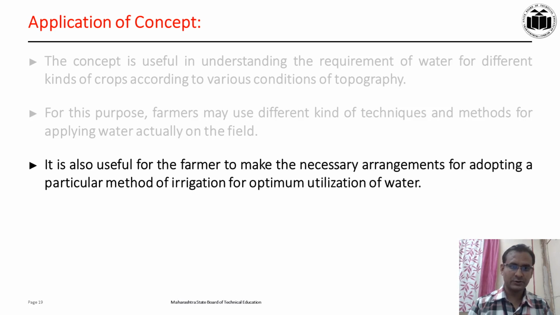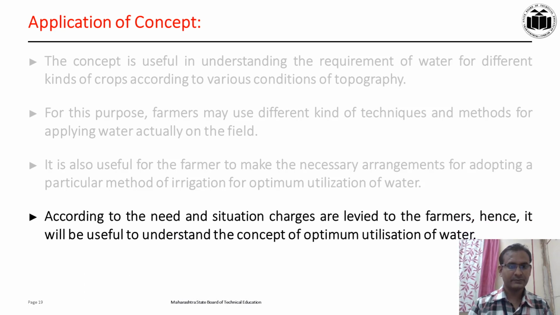It is also useful for the farmer to make the necessary arrangements for adopting a particular method of irrigation for optimum utilization of water. According to need and situation, charges are levied on the farmers. Hence, it will be useful to understand the concept of optimum utilization of water.